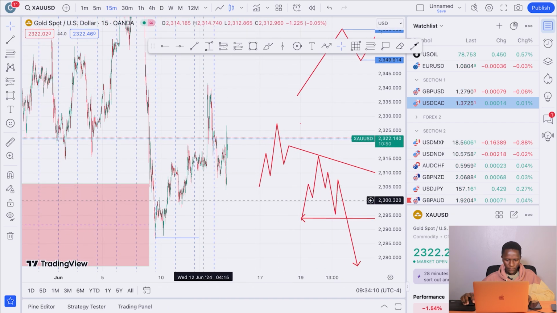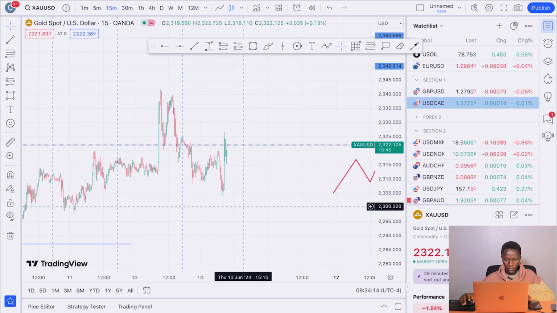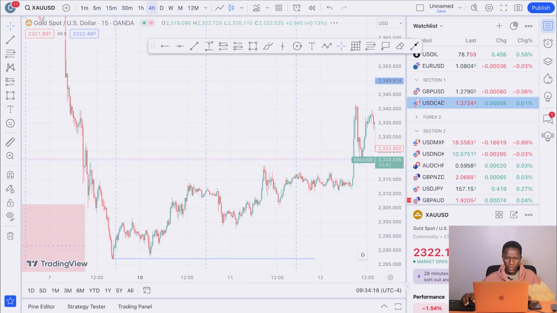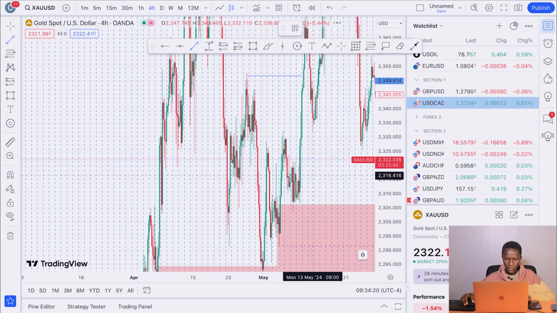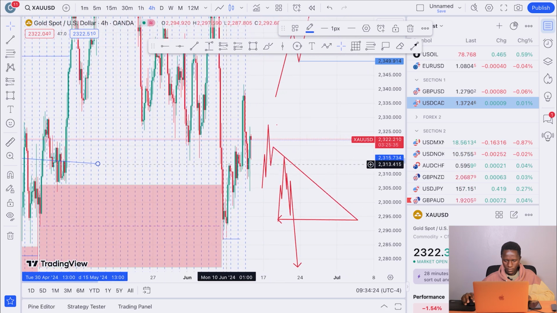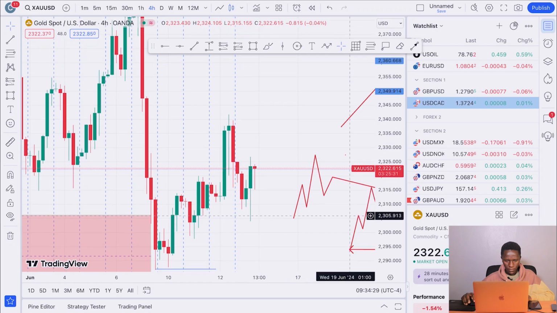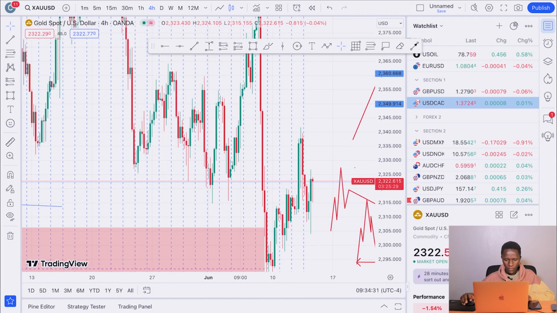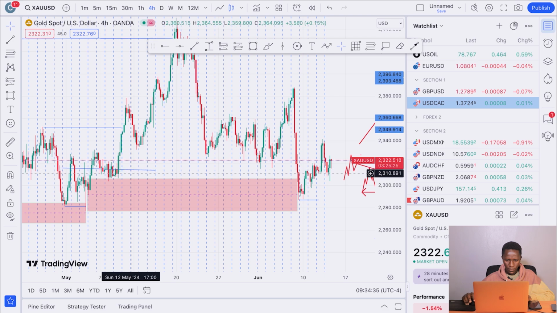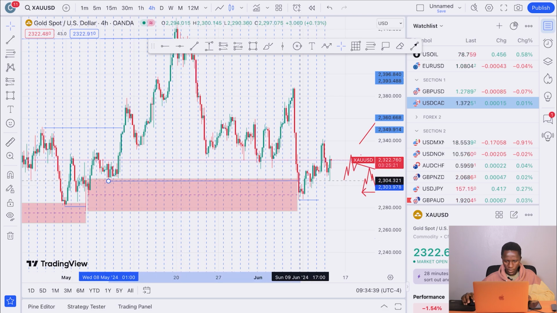After sweeping lower, because it has already choked, this is what we wanted to see. Here it has swept the engineered liquidity.